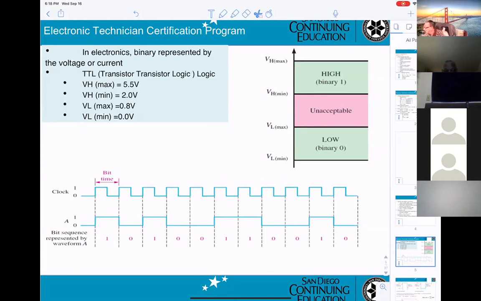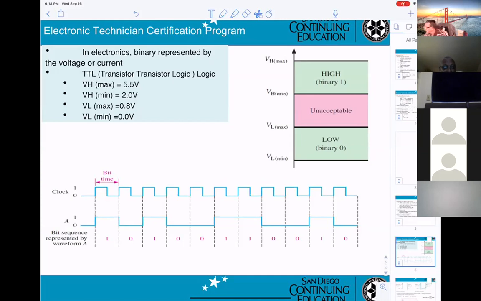High will be a maximum of 5.5 volts and a minimum of 2 volts. So any voltage from 2 volts up to 5.5 is considered high, equivalent to binary 1.